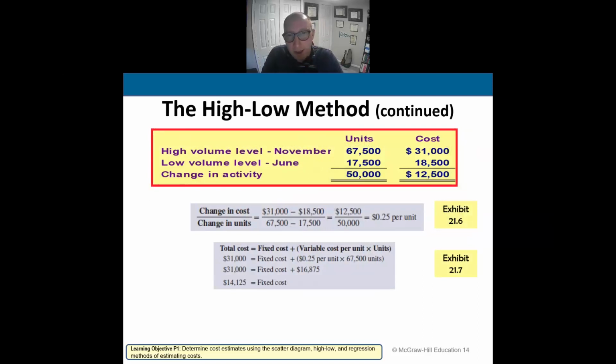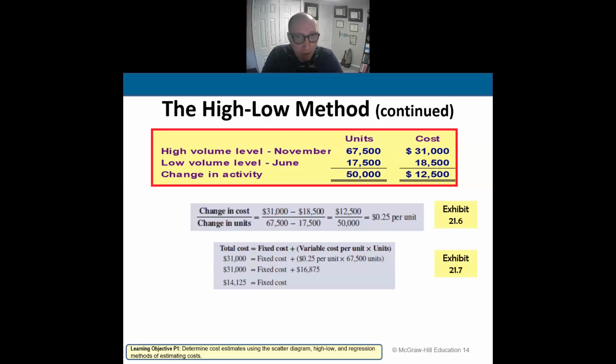So we said the high was November, 67,500 units at a total cost of 31,000. My low was June, 17,500 units, 18,500 total cost. The first thing I want to do is find the change. Change, of course, is the difference between the two.